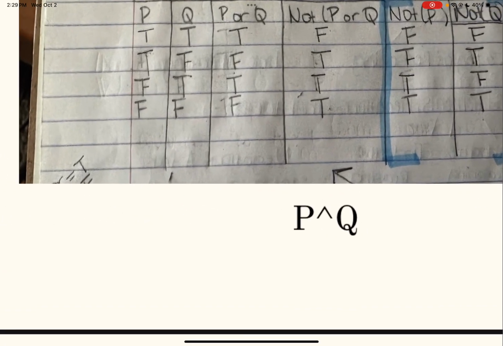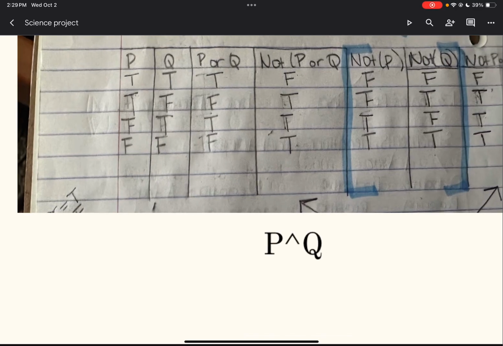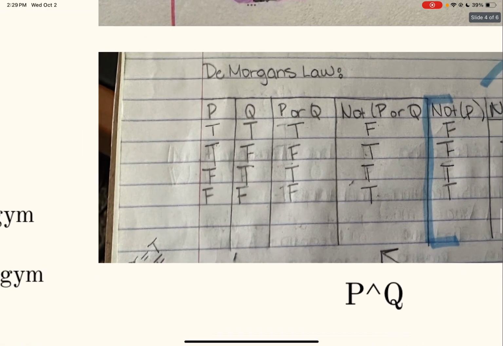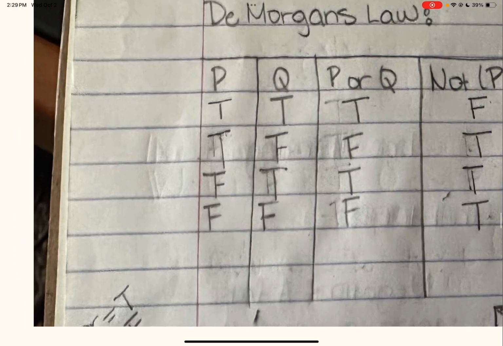Here is our symbol for this table, P, mountain's peak, Q. For our truth table, we will always start off with true, true, and false, false for our P. Our Q will of course be the conjunction of that, so if true for P, then true for Q. If it is true, then it would be false. If it is false for P, then it will be true, and then false, false. So if you notice, we have every possible outcome for P and Q in our first two columns.